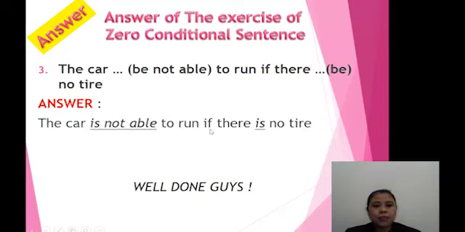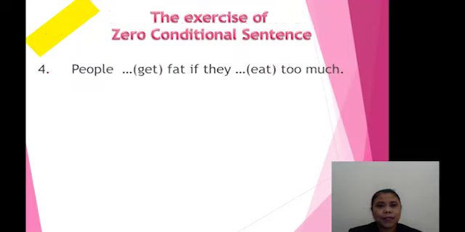Not able to run if there is no tire, because it belongs to singular subject, so the to be used here is is. The car is not able to run if there is no tire. Do you get it? Are you ready for the next exercise? Okay.